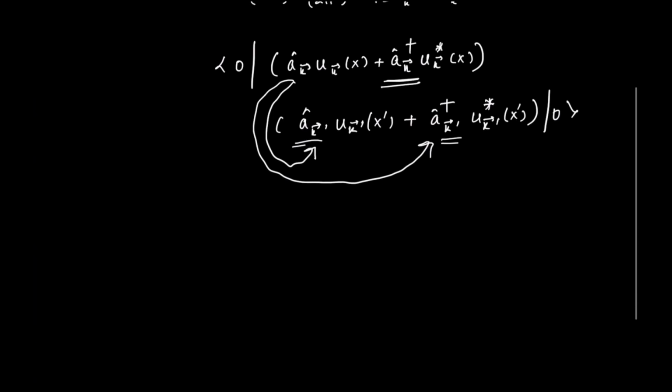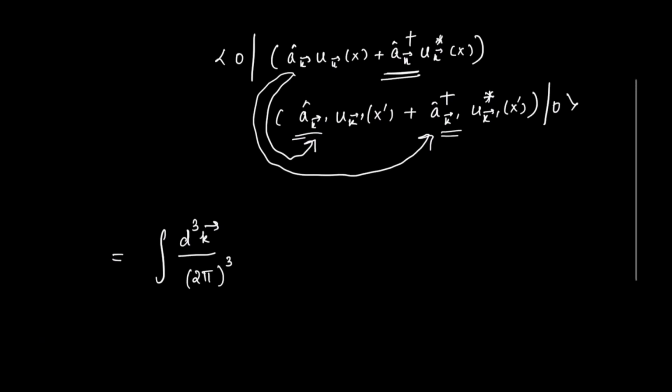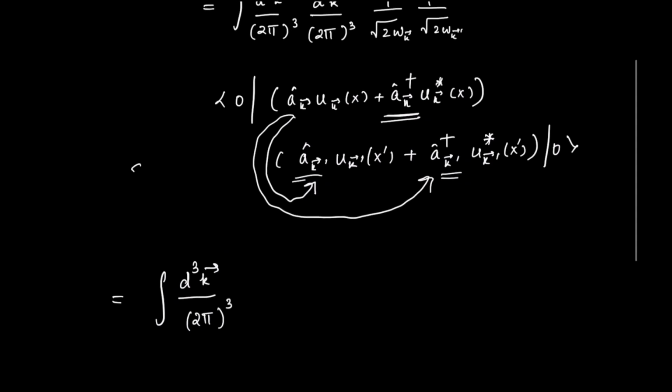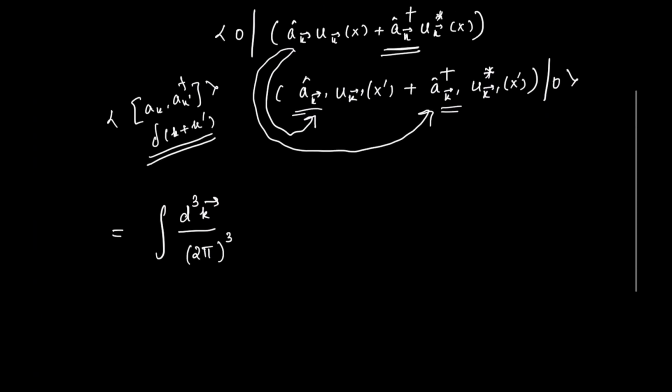And when you take the integral, almost all of the terms will cancel, and what is left? Integral d cube k by 2 pi cube, and there will be a Dirac delta because you can write it in terms of the commutator of a_k and a_k prime dagger, right? So the expectation value will be a delta function, and one of the k or k prime I can use to integrate the Dirac delta. So once I integrate, I will get only one term.